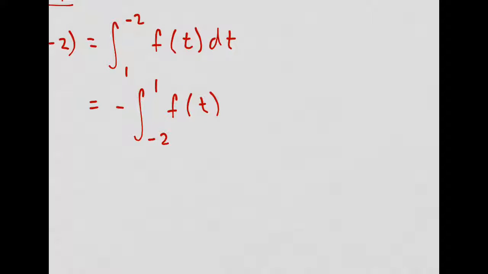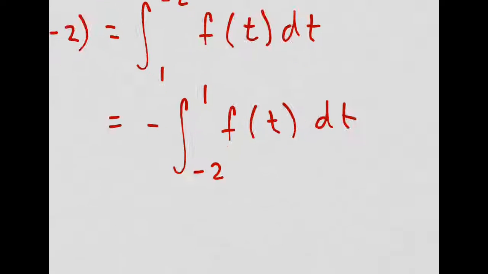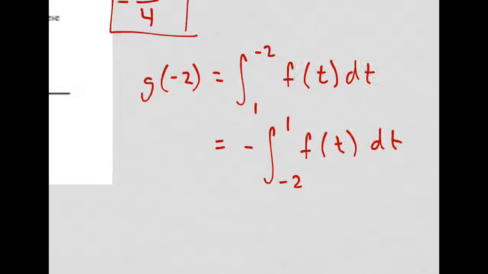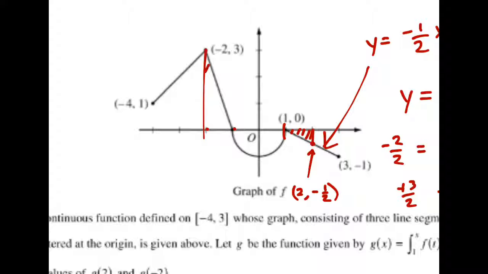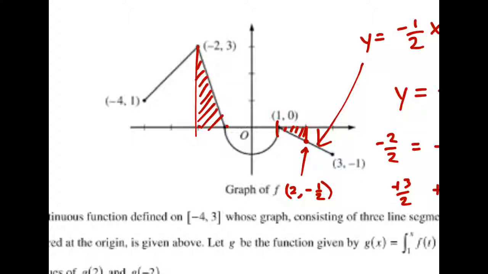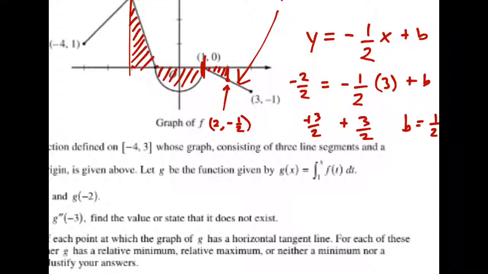So that's the area from -2 to 1, all the way till here. So plus that. Ooh, that's a semicircle. It told us that it was a semicircle.